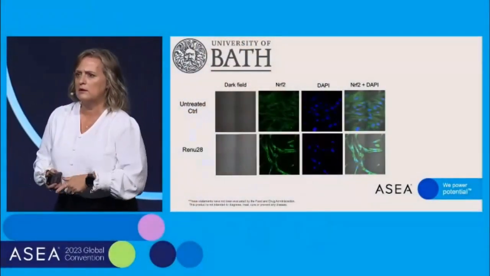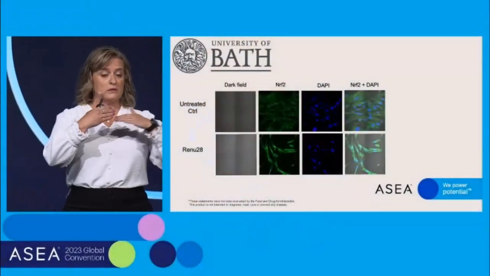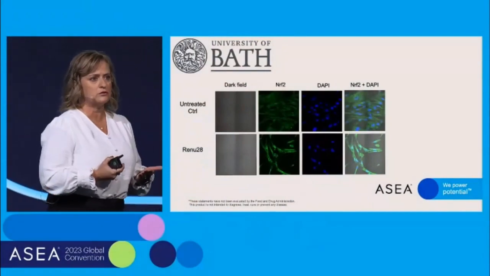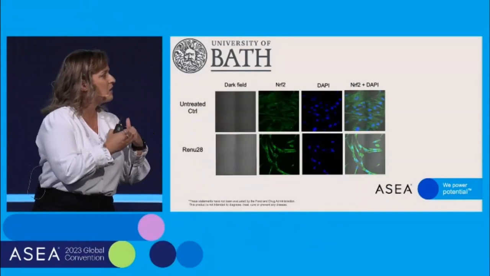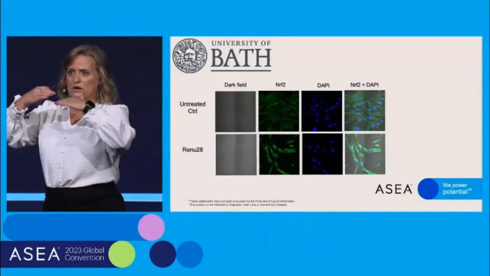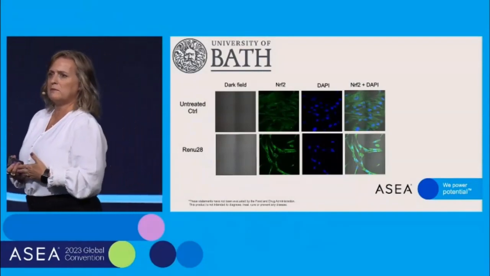In this case, we know that Renew28 activated NRF2, and we also know that NRF2 is working in the nucleus, because the original blue color of the nucleus mixed with the green color of NRF2 and turned into a kind of aqua blue when we overlap both of them.